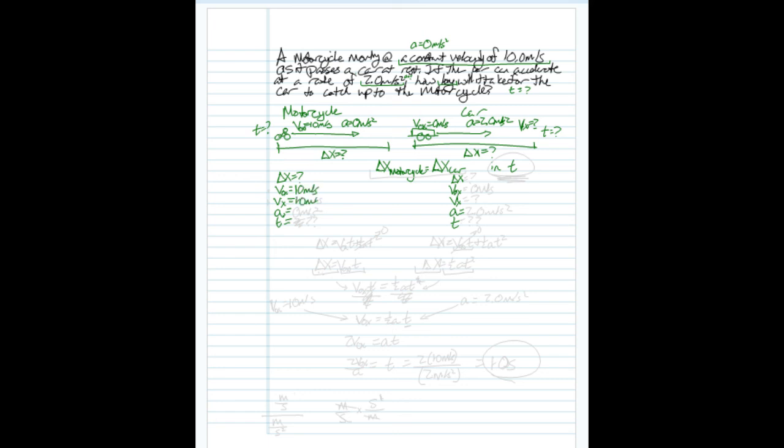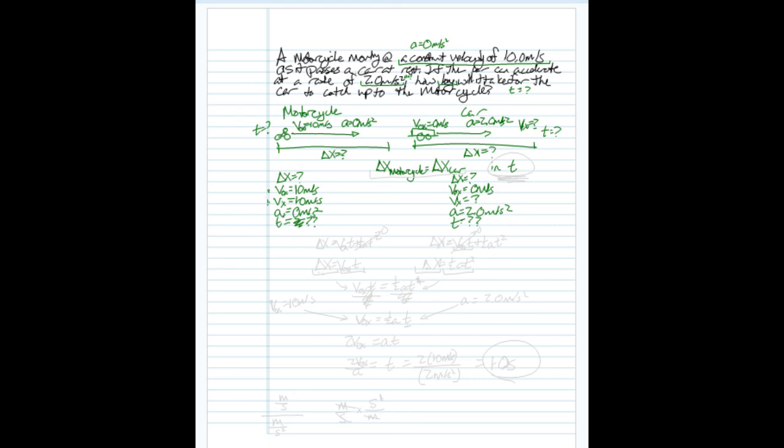We know that the motorcycle is moving at a constant velocity, so their initial and final velocities are the same. And the time is what we want to know. Don't know the distance traveled for the car, but we do know that they start from rest. They move up to some final velocity. They're accelerating at this rate, and it's going to take them some time.